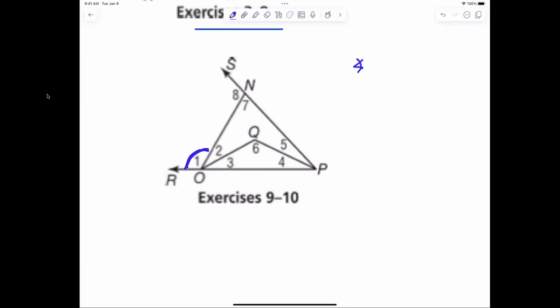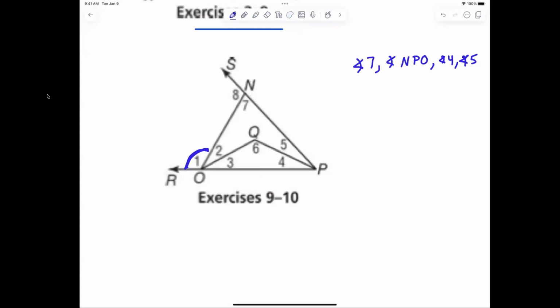And angle NPO. That's correct. NPO is made up of what two angles? So it has to be greater than that. Do we agree? So then we could say angle 4 and angle 5.